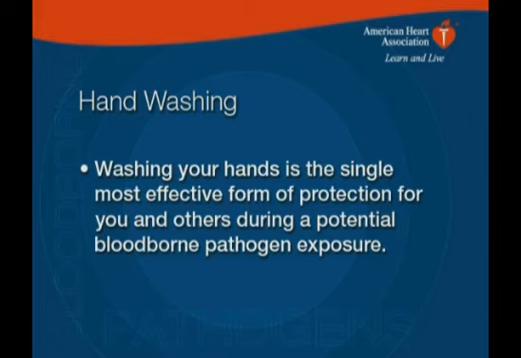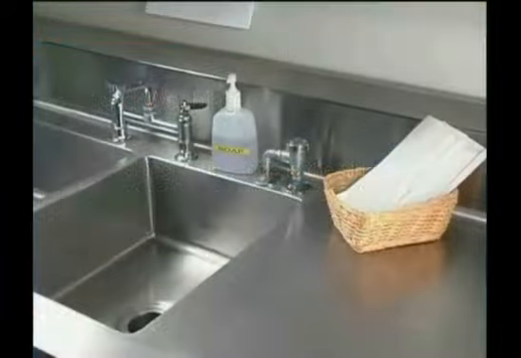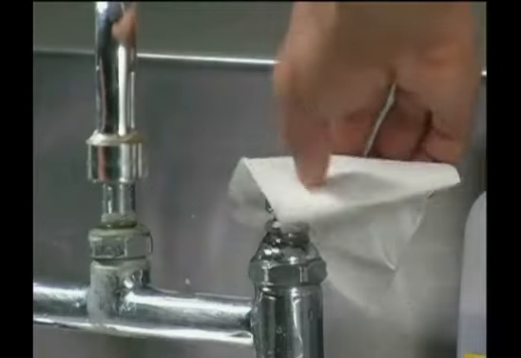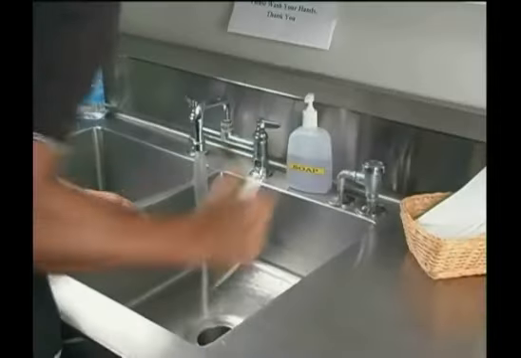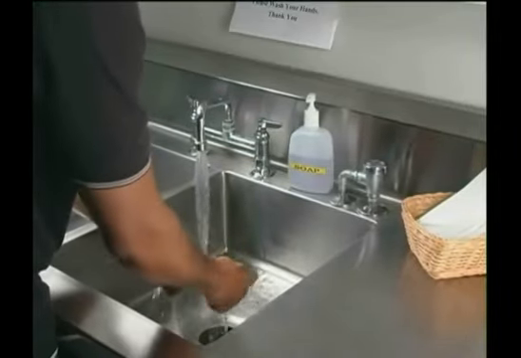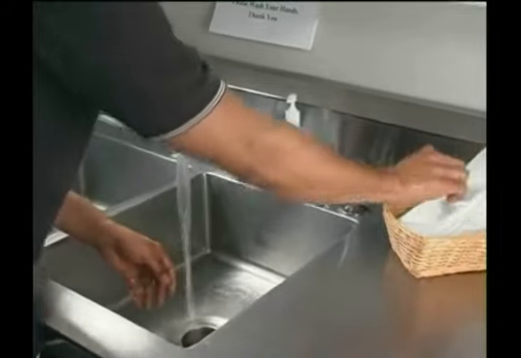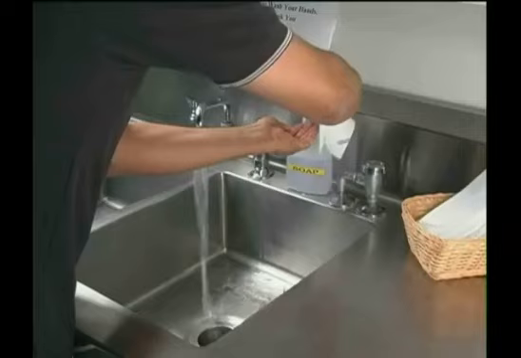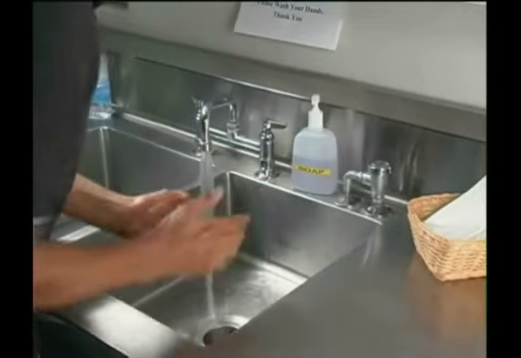Follow these steps to wash your hands. 1. Turn on the faucet with a paper towel if possible, and dispose of the paper towel properly. 2. Wet your hands and apply soap. 3.